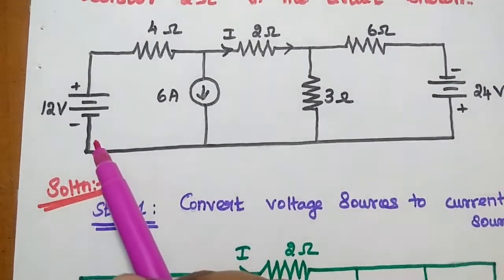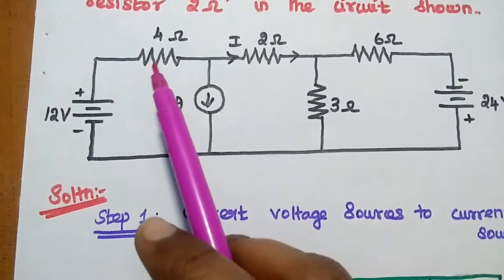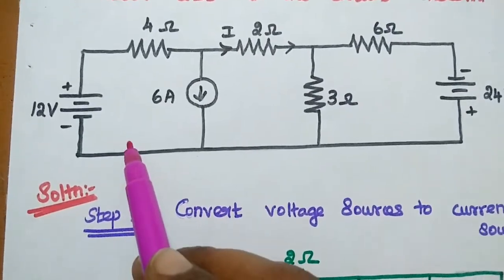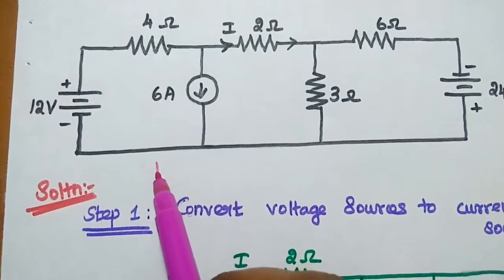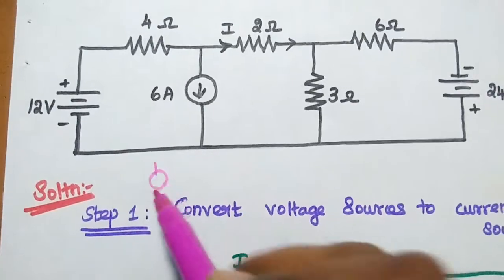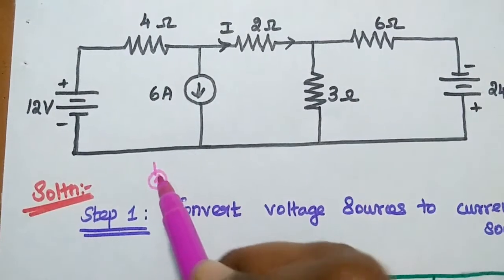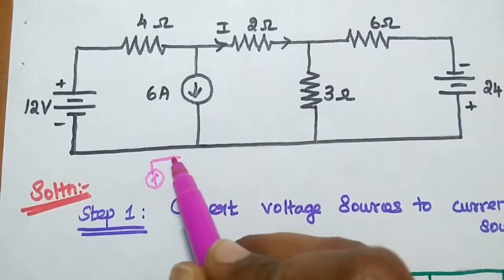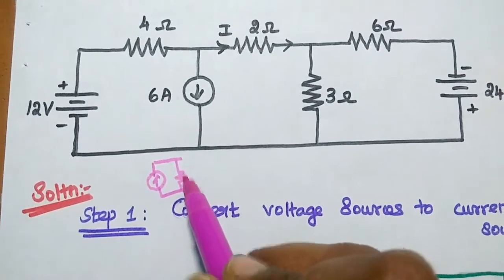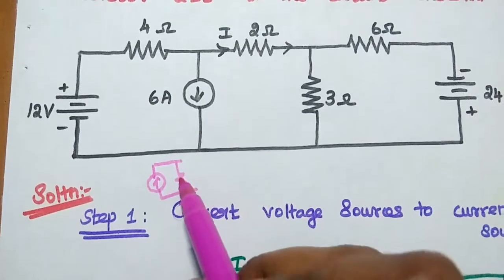Here, this is the first voltage source with the 12 volt and 4 ohm. So here, we are going to convert this voltage source to current source. For that, we have to make this current negative to positive. Negative to positive means the arrow mark should be in the upward direction, and the current source is always having the parallel resistor. This resistor value is the same as that of the voltage source.